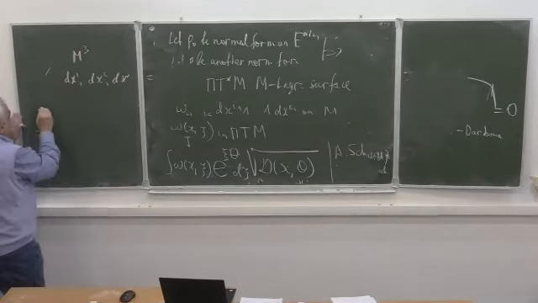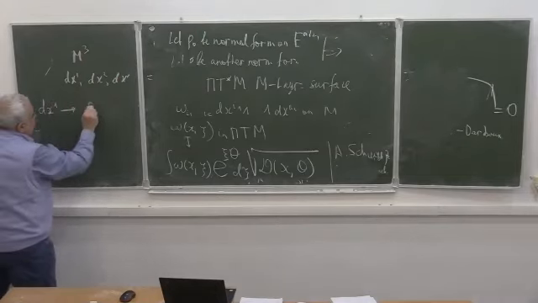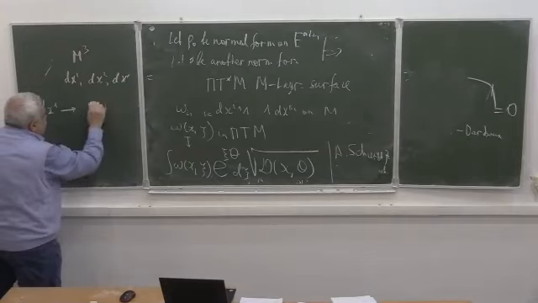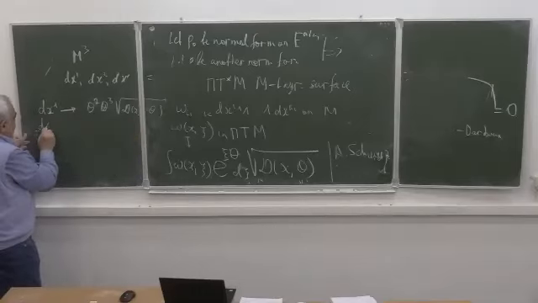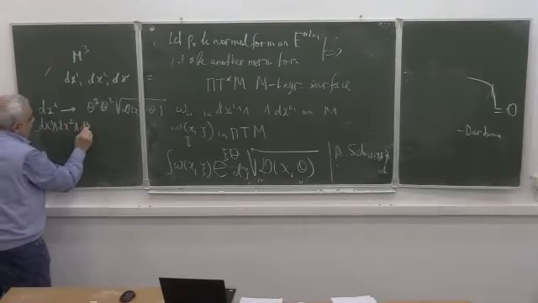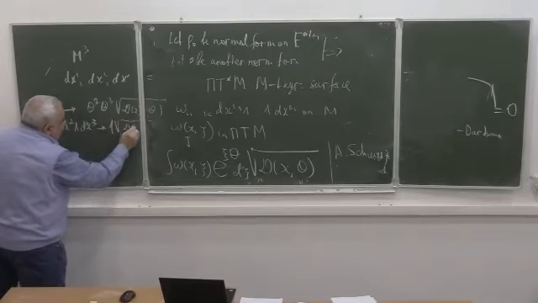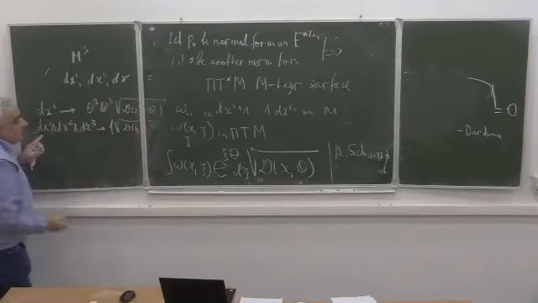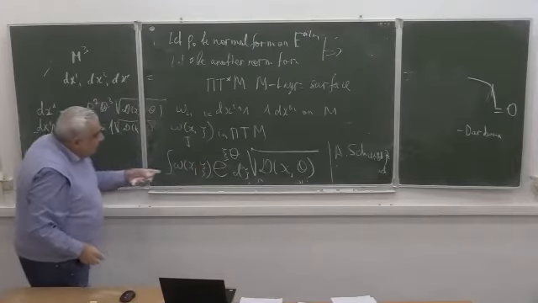To dx1, dx2, dx3, I assign a half density, the square root of dx theta. It's very easy to check.